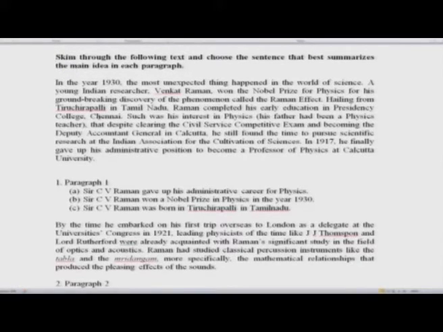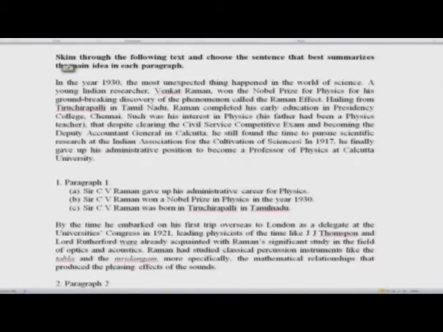Then Presidency College, he completed his early education. Then you find the words civil service competitive exam. So, what is it about? He had cleared it and he had become Deputy Accountant General in some other place. Then another important term you find here is Indian Association for the Cultivation of Sciences.